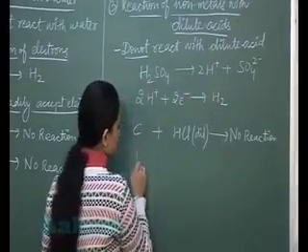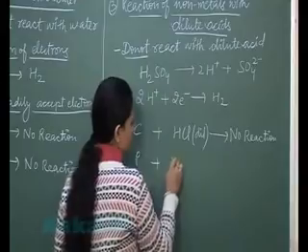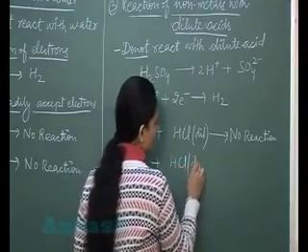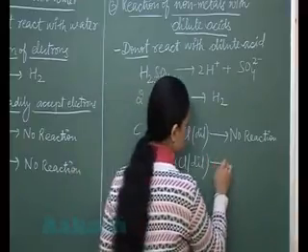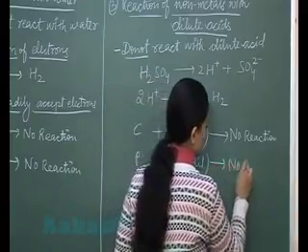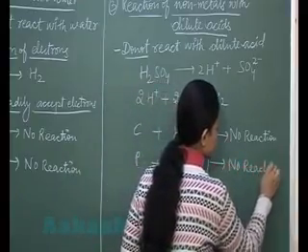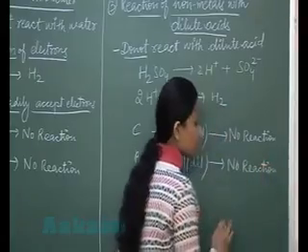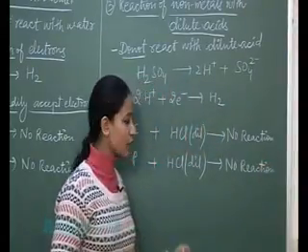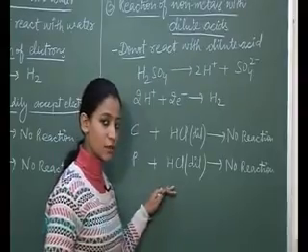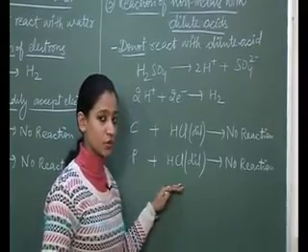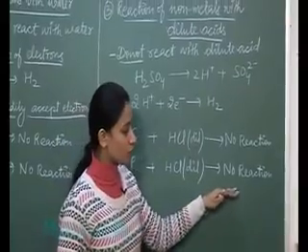The other non-metals like phosphorus, if we put this in a test tube containing the acid in dilute form, no reaction occurs. As non-metals are themselves electron acceptors, they will not give the electrons to the H positive ion of the acid in order to reduce that. So here no displacement reaction will occur. So simply we can write no reaction.